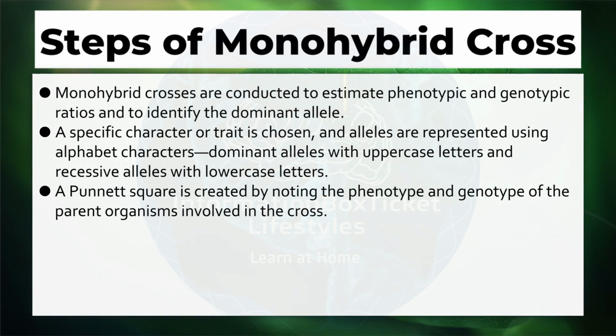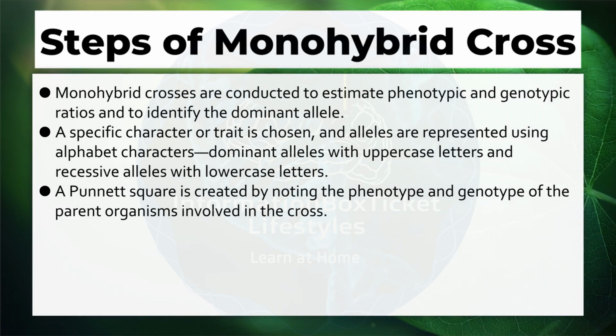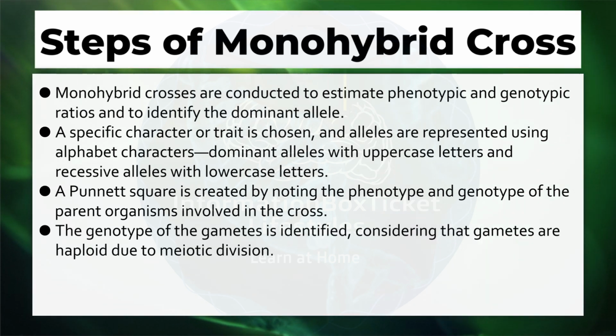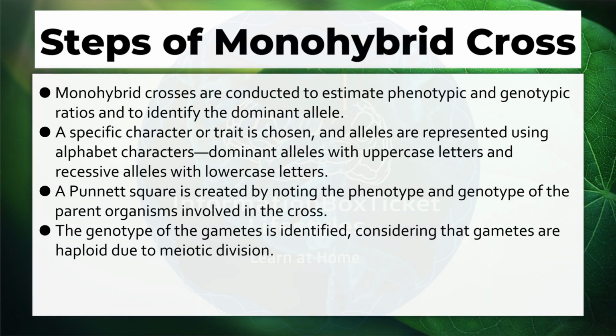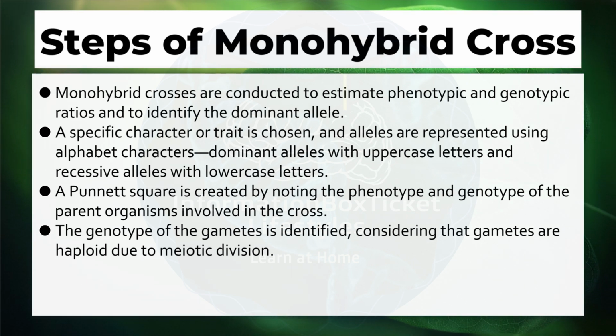A Punnett Square is created by noting the phenotype and genotype of the parent organisms involved in the cross. The genotype of the gametes is identified, considering that gametes are haploid due to meiotic division.